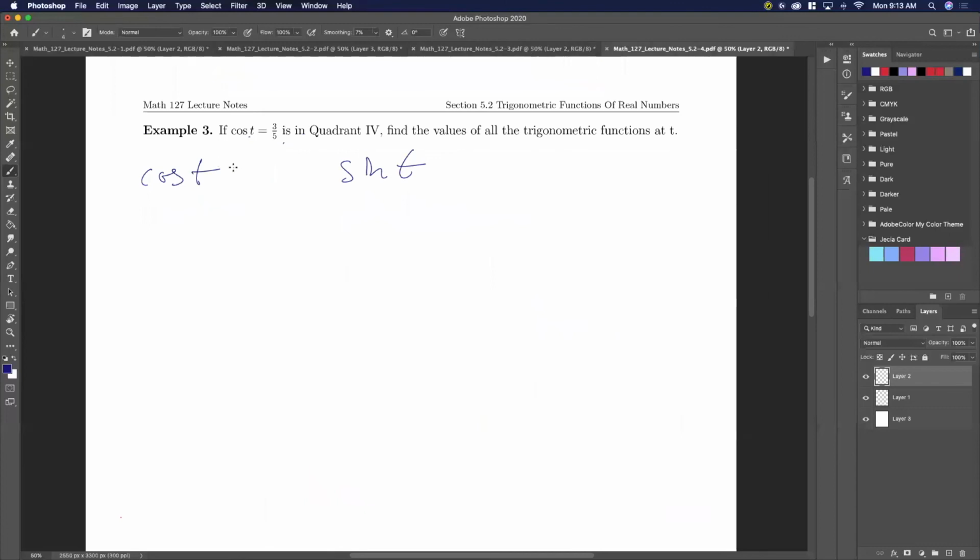So cosine of t, I know what that is. That's 3/5. And we're going to find sine of t.